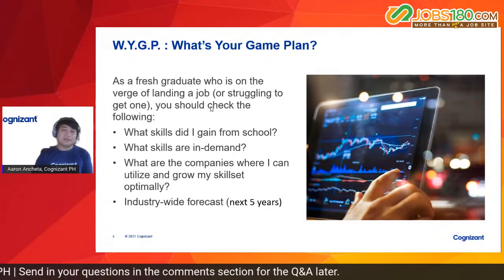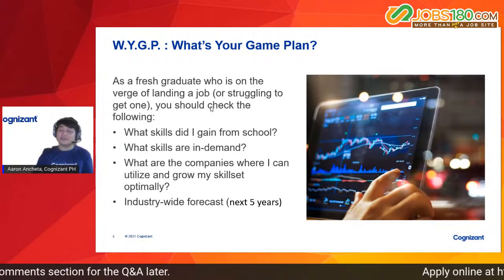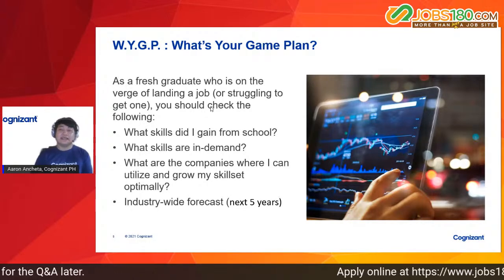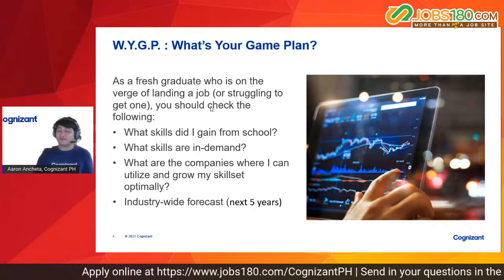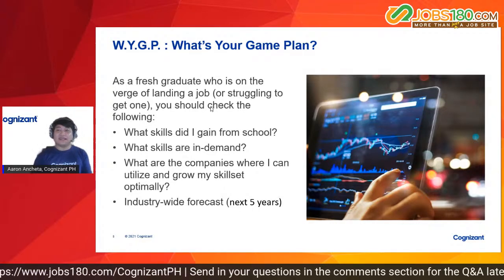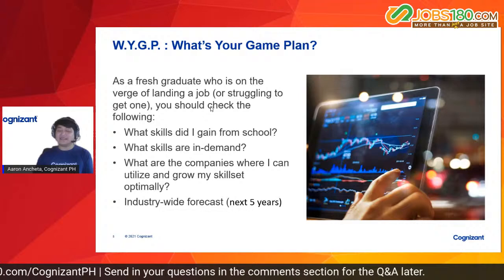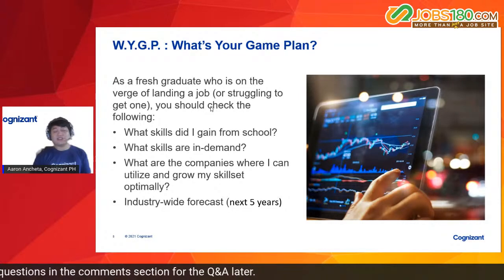There are some companies who don't provide free trainings, and there are some companies who actually support employees for their continuing education. So that is critical. And last, again, industry-wide forecast for the next 5 years.